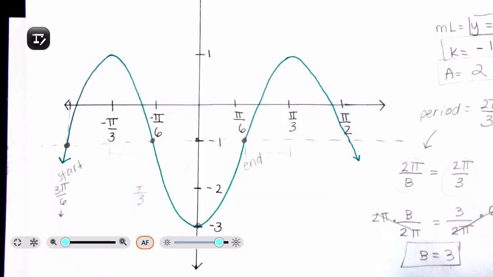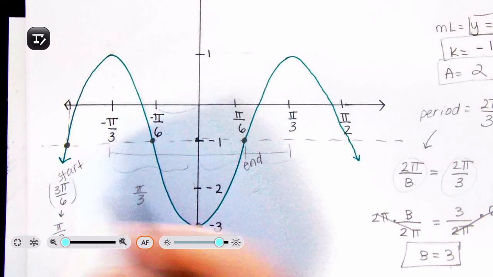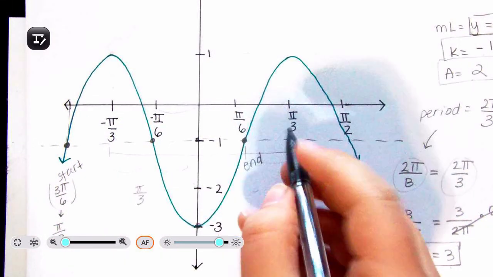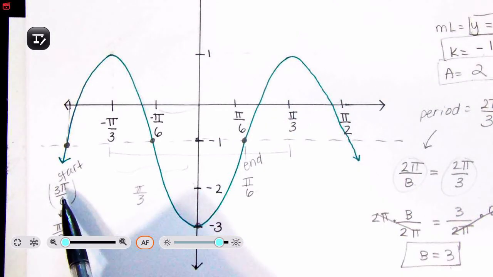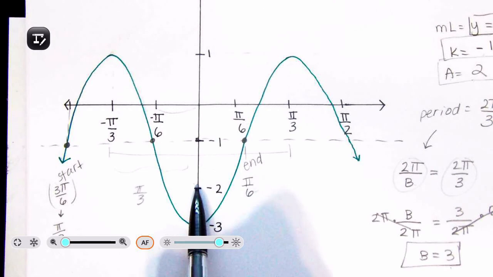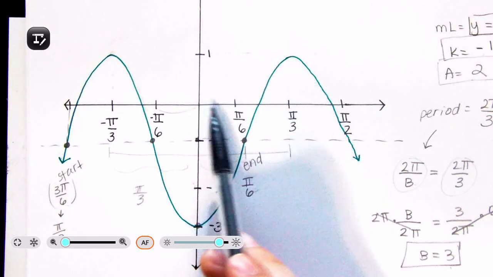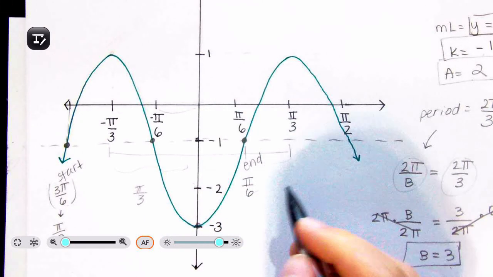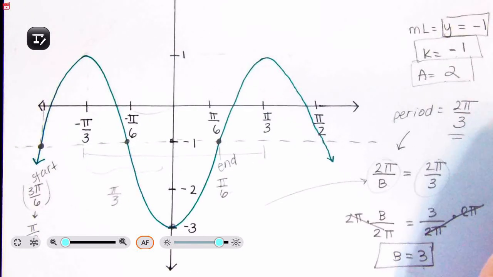Obviously, we can simplify that to pi halves, but this is technically 3 pi over 6. This part right here is pi over 6. So what is the distance? I have the distance from my y, or 0, to 3 pi over 6, and I have a distance of pi over 6. So my period still ends up being 2 pi thirds when simplified.